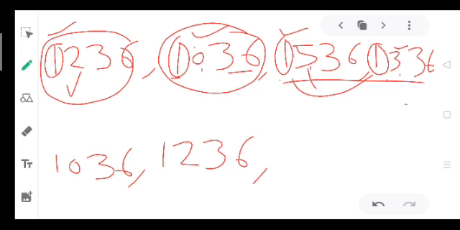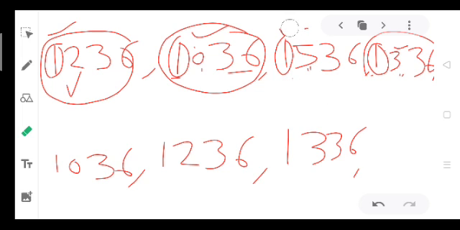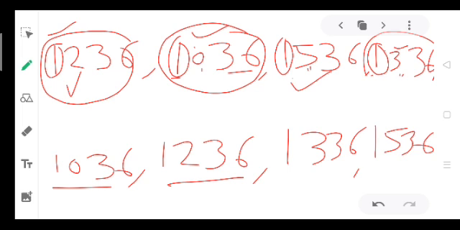Check their hundreds. 500, 300. So which one is smaller? 300. So we will write here 1336. Now this is also covered. What remains at the end? 1536. So this is the largest number. So here is the ascending order: 1036, 1236, 1336 and 1536.